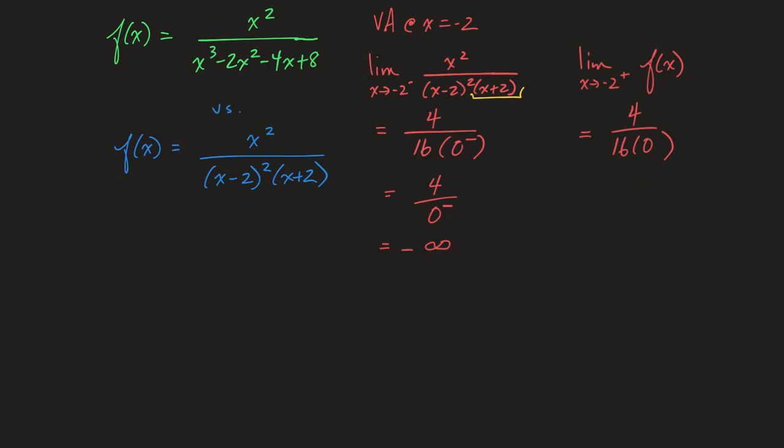So numbers a little bit to the right of -2 are smaller negatives. So when I look back at that factor that gave me 0, if I'm going to sub in a smaller negative for x, then when I add 2 to it, that's going to be enough to change it to a positive value. So I have a positive bit on my denominator.